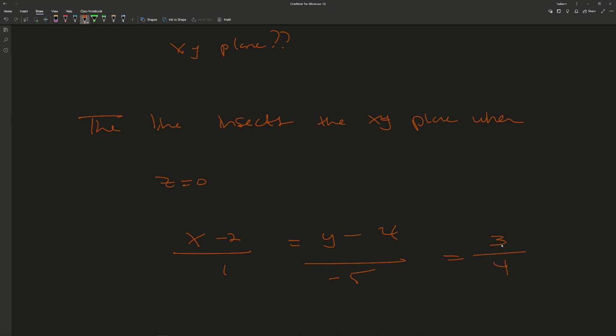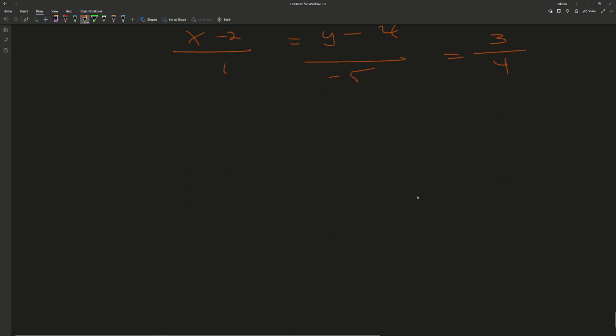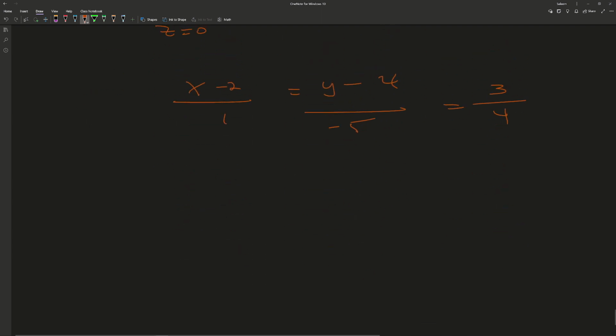So if we wanted to solve this now, we can solve for x, and we can solve for y here. Of course, z is equal to 0. What is x here? Let's divide and multiply. So we'll get x to be equal to 11 on 4.